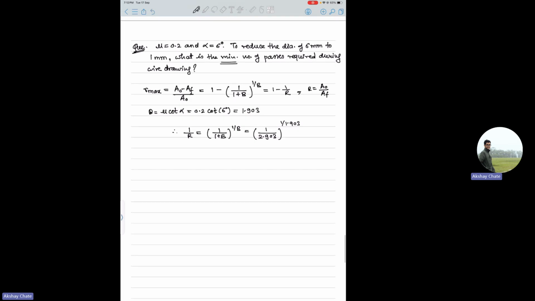If you do this calculation, you have 1 divided by 1.903, and here you have 1 divided by 2.903. So you should get 0.571.